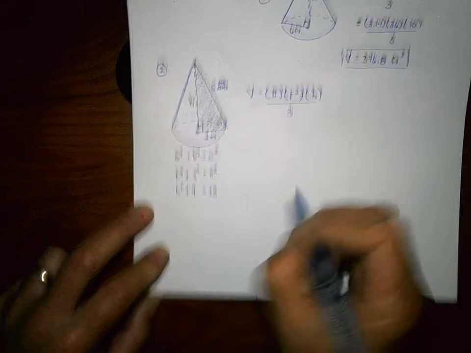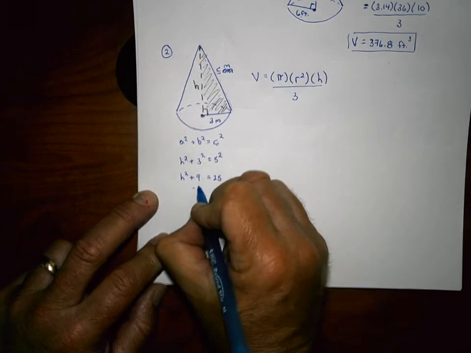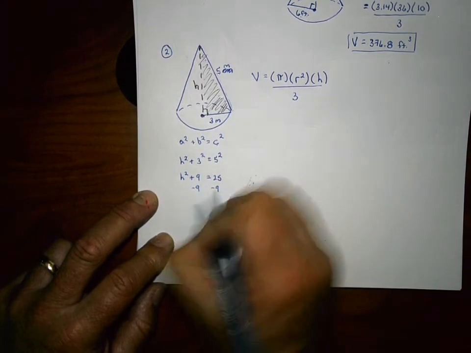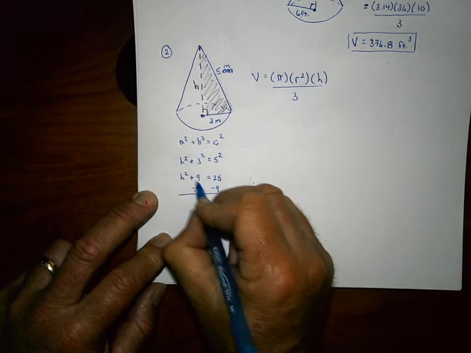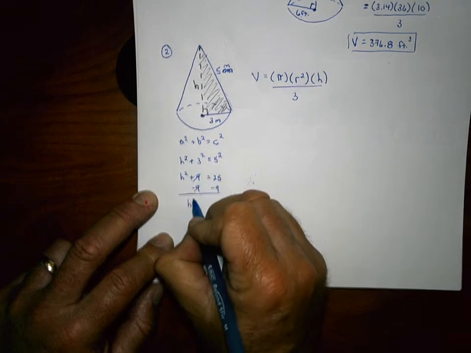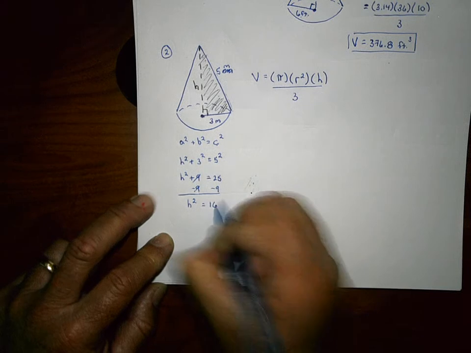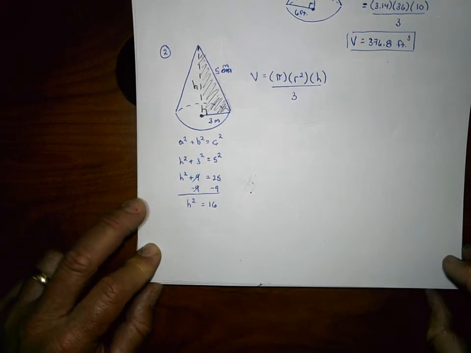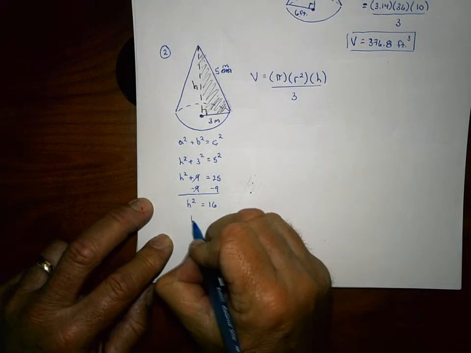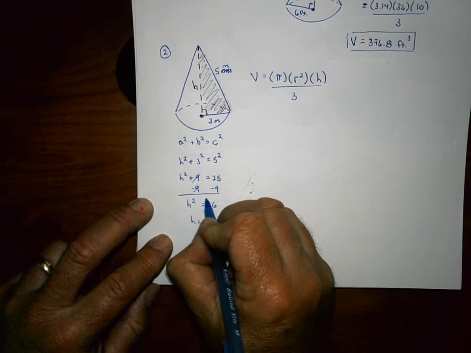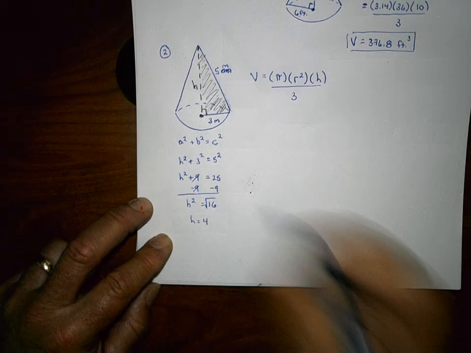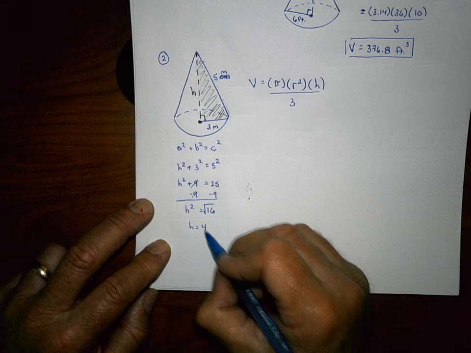I'm solving for h, so I'm going to subtract 9 from both sides of the equation. Those 9's will cancel out, and I get a new equation of h squared is equal to 25 minus 9, which is 16. If h squared is equal to 16, to find h, I take the square root of 16, which is 4. So I just found out that the height of my cone is 4.